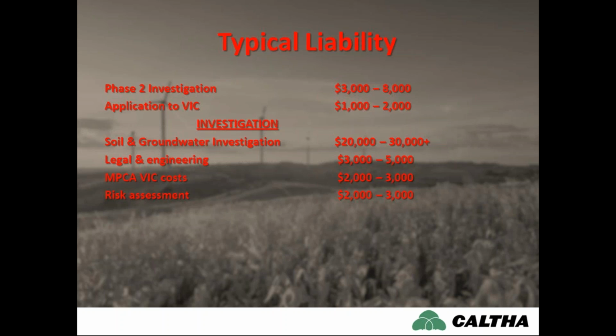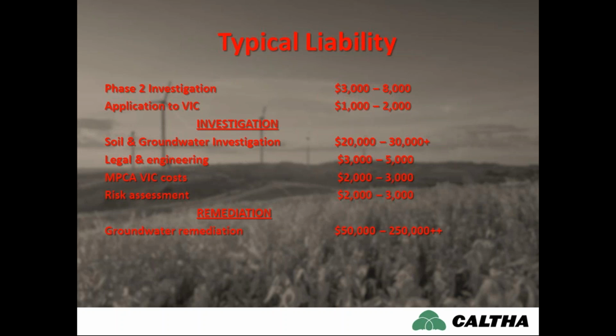So at this point we have gone through an investigation which simply tells us the extent of contamination and whether or not actual cleanup or remediation is required. If remediation is required, this is where costs start to expand quickly. Groundwater remediation is the most costly typically.